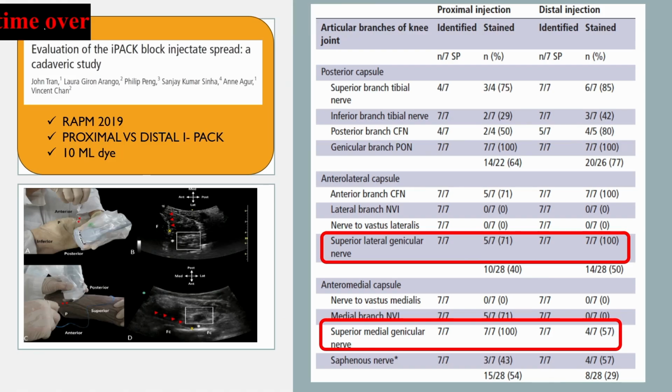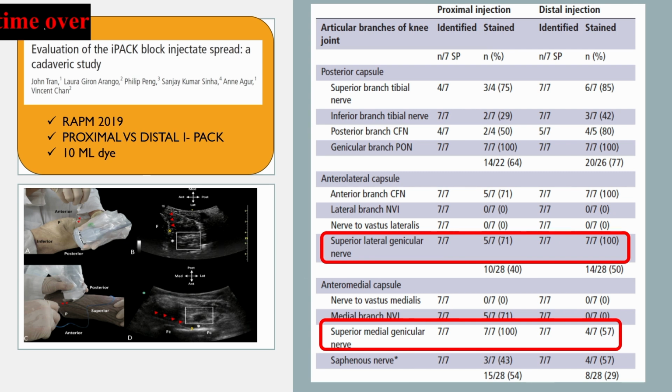So look at this interesting IPAC cadaveric study published in RAPM 2019 where they did proximal IPAC versus distal IPAC. Proximal one finger breadth above the patella, distal at the level of femoral condyles. And they gave 10 ml of the dye. Look at these interesting results. In proximal injection, they showed that supralateral genicular nerve is blocked in 71% of the cases and in 100% of the distal.